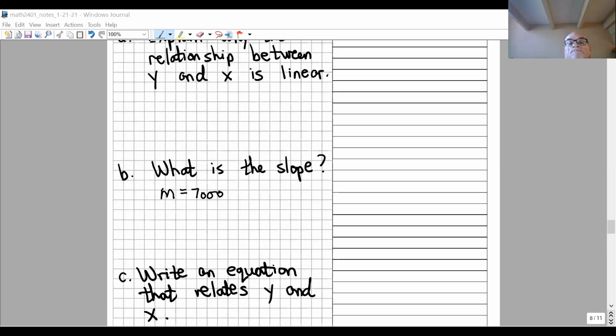But look, that cannot be a function because this x coordinate matches different y coordinates in this relation. In a function, that will not happen. Each x coordinate will match just one y coordinate.